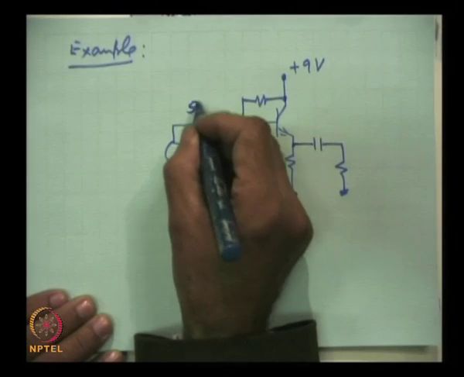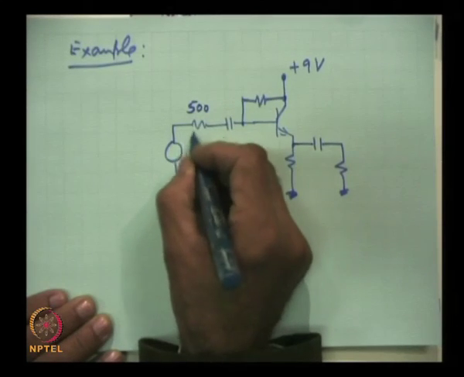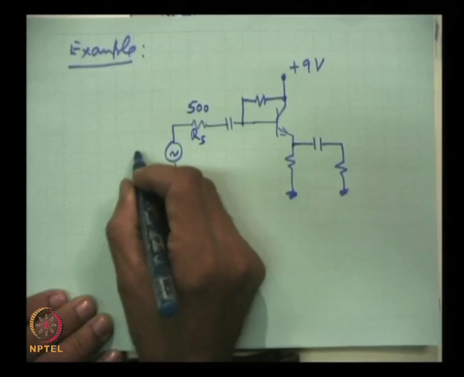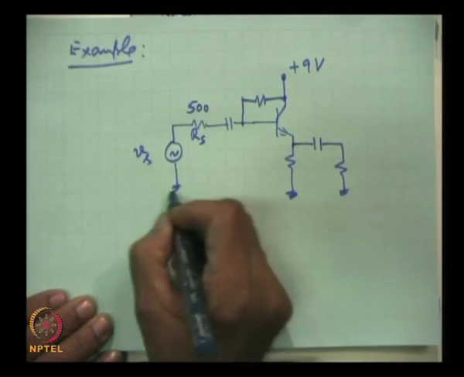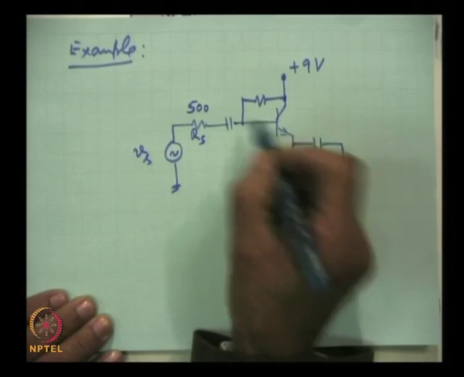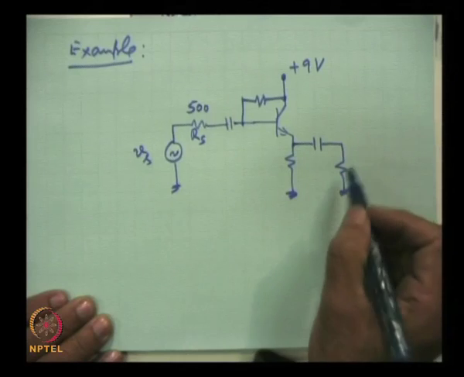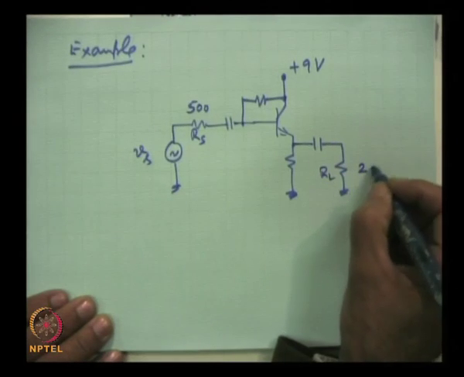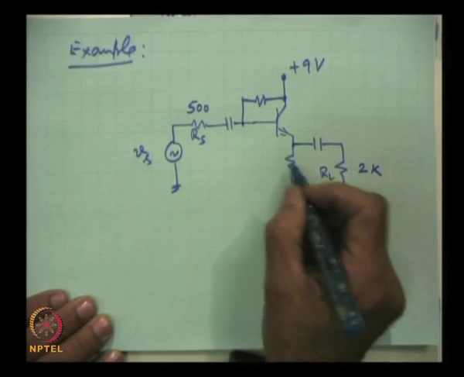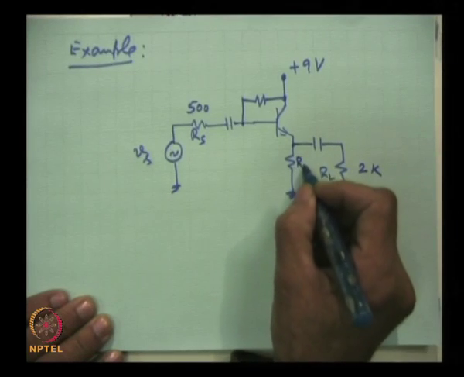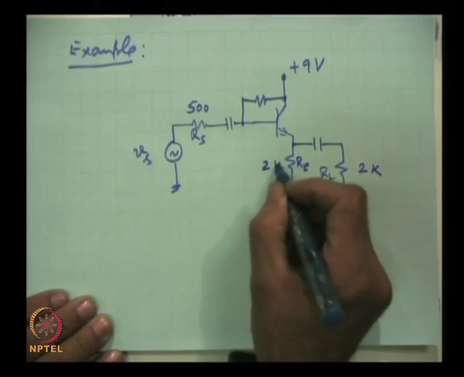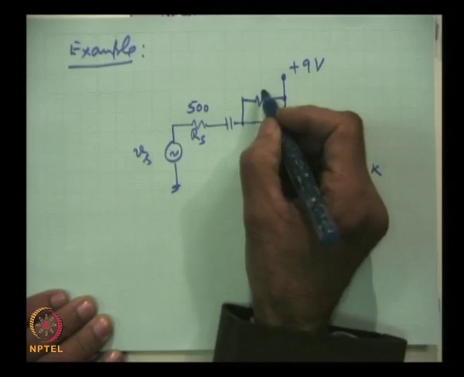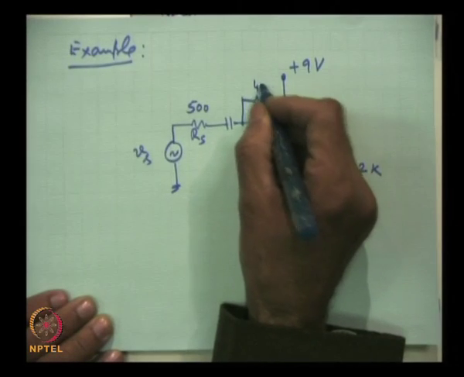So, let us consider that this is the source resistance and this is the signal Vs which we have connected through this capacitor to an emitter follower, and this is our load RL, which is say 2K, and this is RE, which is also 2 kilo ohm, and this is 400 kilo ohms.